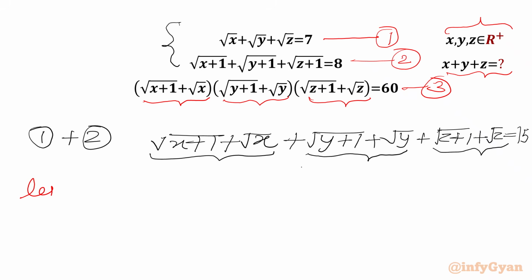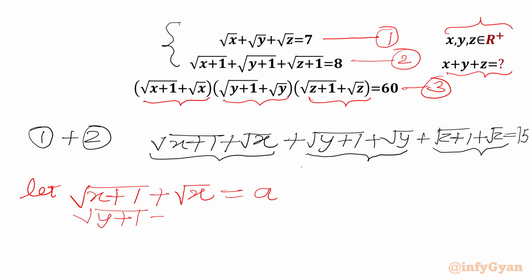So let us assume square root x plus 1 plus square root x equal to a. Square root y plus 1 plus square root y equal to b, and square root z plus 1 plus square root z, suppose this is equal to c.